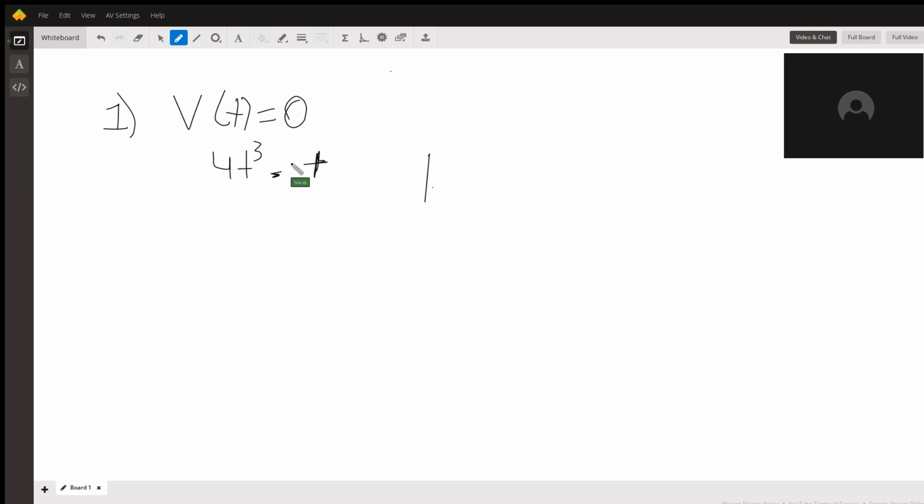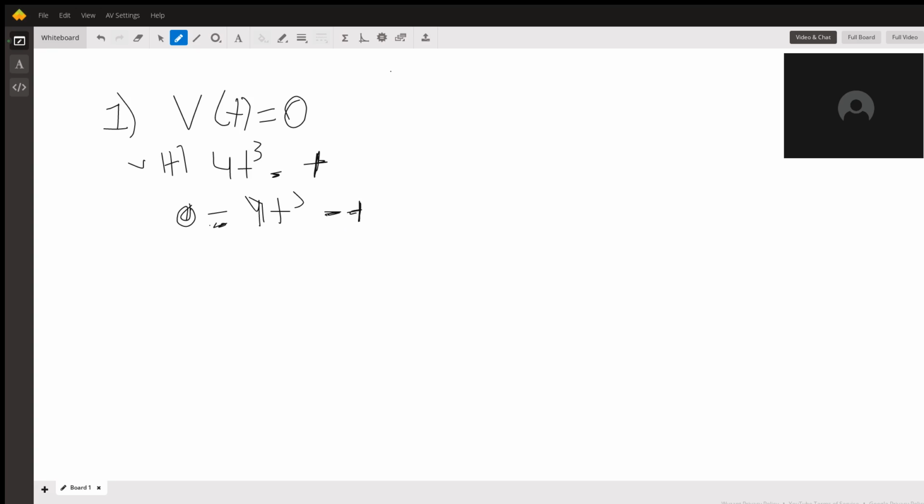So this is our v of t function. Now we just have to find where it is equal to 0. So 0 is equal to 4t to the third minus t.